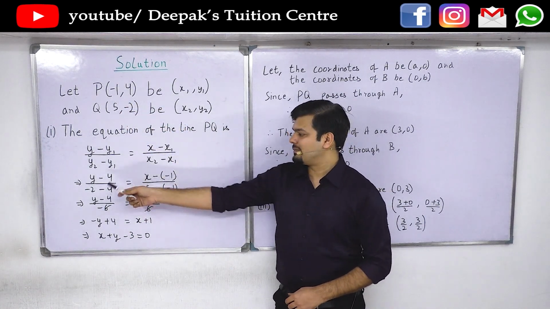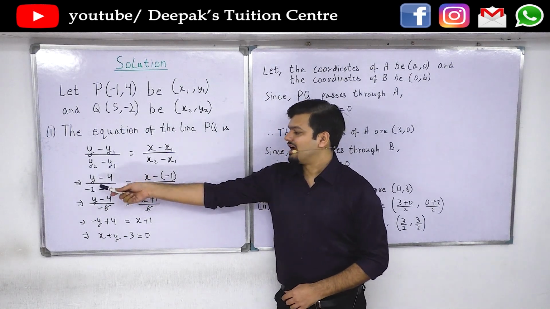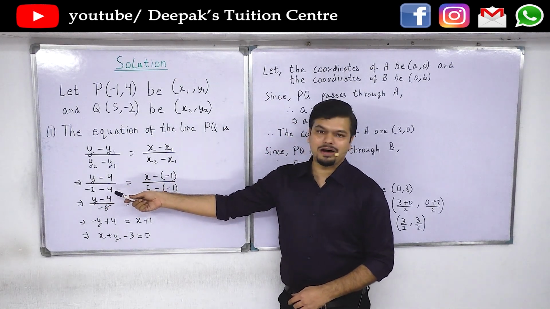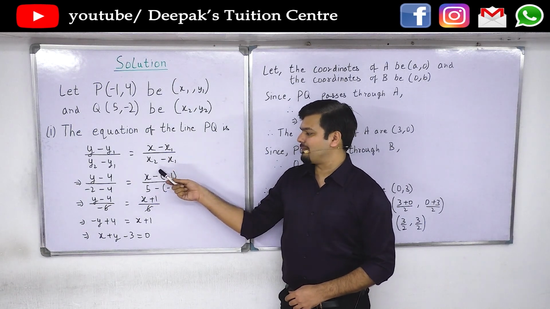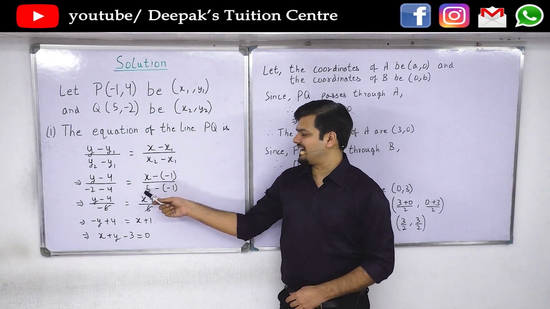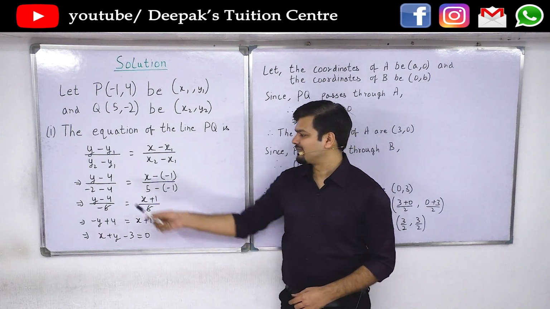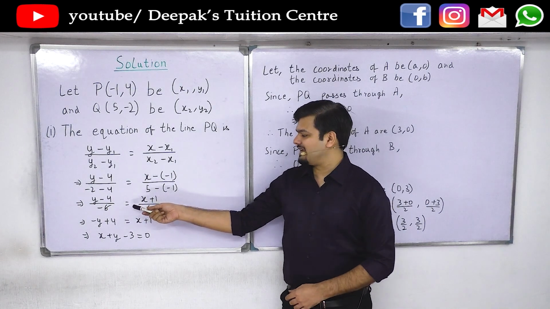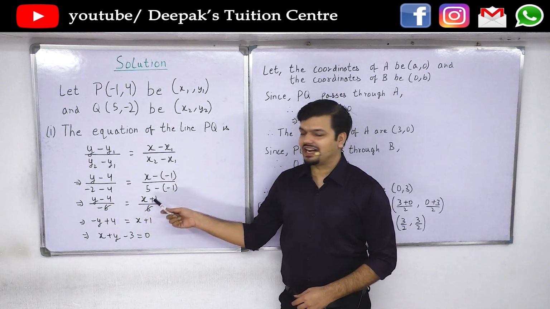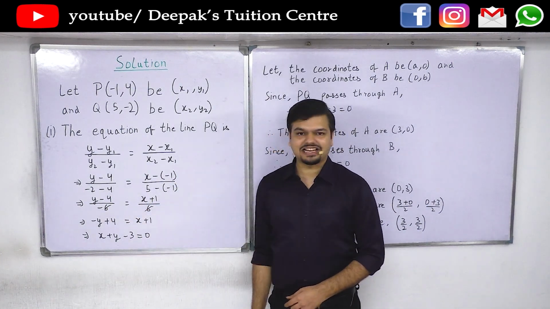In the equation, we get (y minus 4) divided by (-2 minus 4) is equal to (x minus of minus 1) divided by (5 minus of minus 1). So (y minus 4) divided by minus 6 will be equal to (x plus 1) divided by 6. So 6 and 6 will get cancelled off.